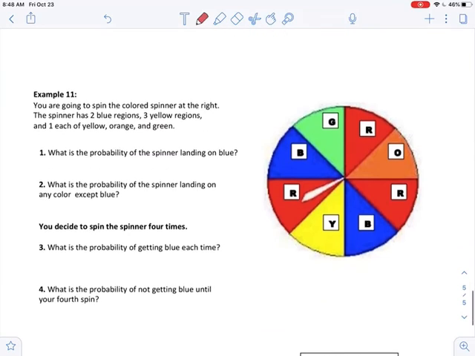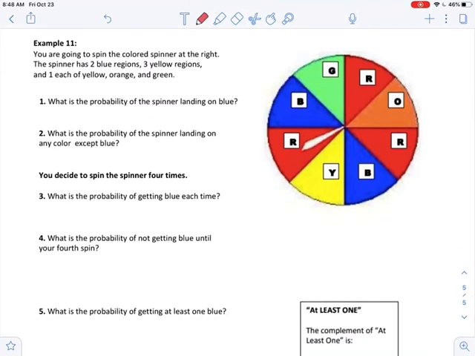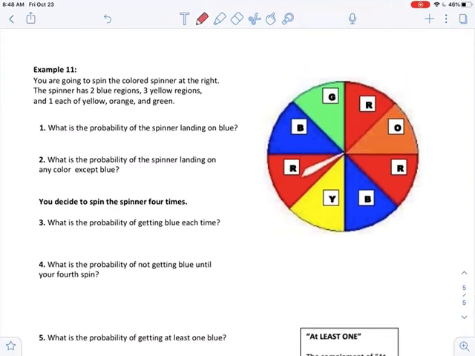All right, here is our last example. If you're going to spin the colored spinner at the right, the spinner has 2 blue regions, 3 yellow, and 1 of each yellow, orange, and green. What is the probability of the spinner landing on blue? These are independent events. They don't necessarily affect the other ones.